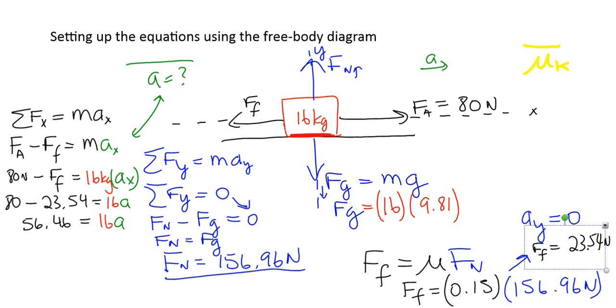And we're going to divide both sides by 16. 56.46 divided by 16 is 3.529. And that is in meters per second squared.